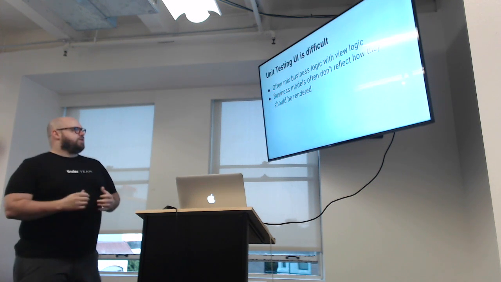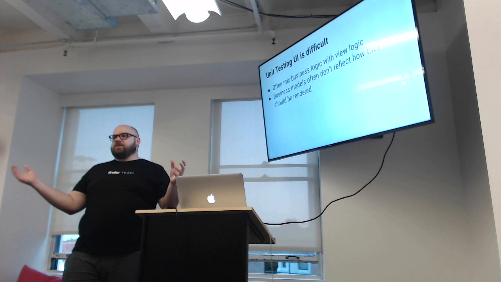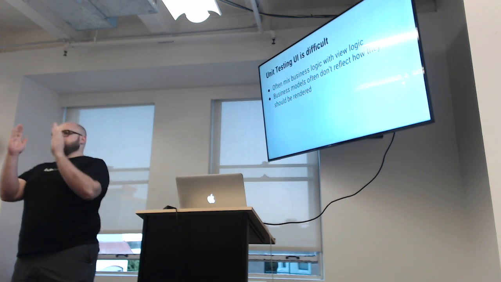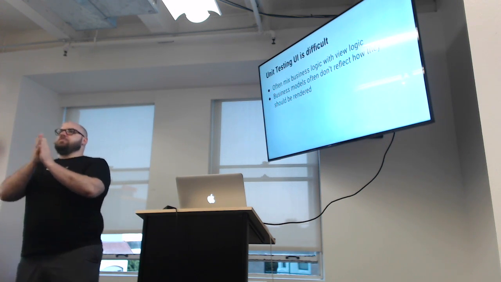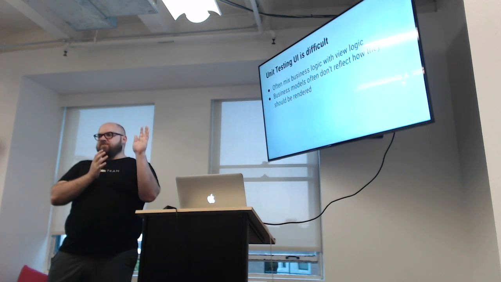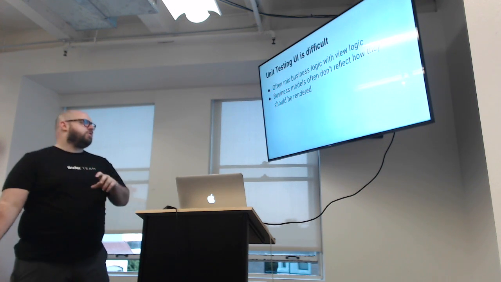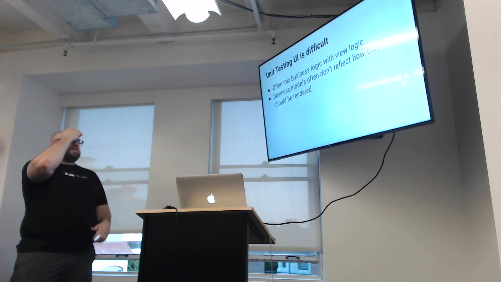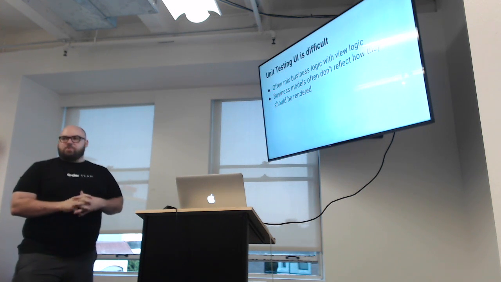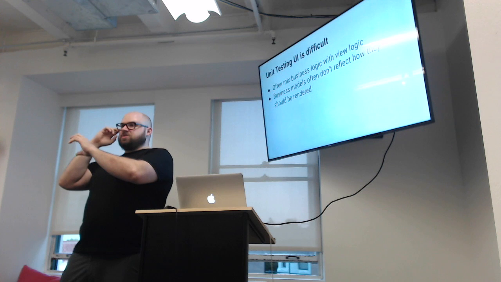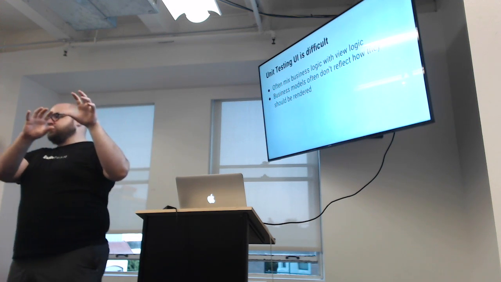So the reason why it's difficult is we mix business logic with view logic. We have the presenter side, which is interacting with the business layer, but then I may need an if or else statement if I need to do something very specific in the view, like change a color. And we have these business models, and they don't necessarily reflect what we're rendering on our screen.